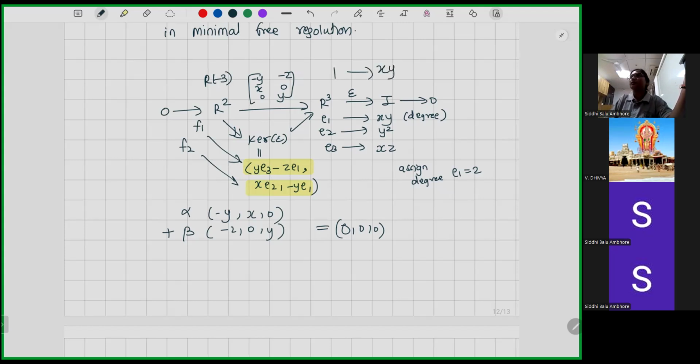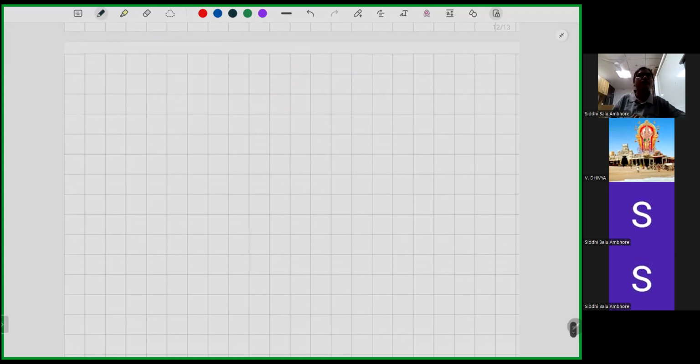XY, right? Multiplication by XY: 1 times E1 goes to XY. So a degree 0 term is going to a degree 2 term, so it has to be R(-2), and so on. So what is the CGG? Okay, it will take some time, but I want to finish this. FM in R.